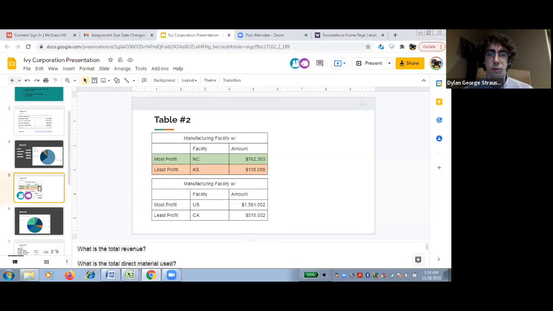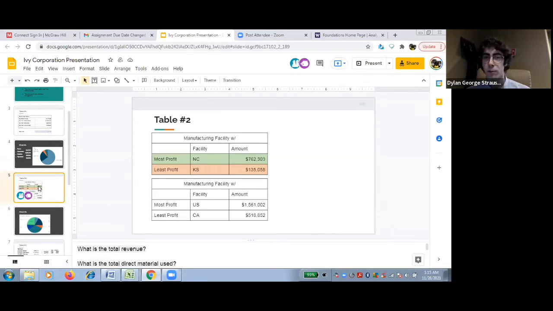This table shows the facilities that are most profitable at Ivy Corporation, the most profitable being the North Carolina facility, making $762,303. The least profitable facility was its Kansas facility, at $135,058.